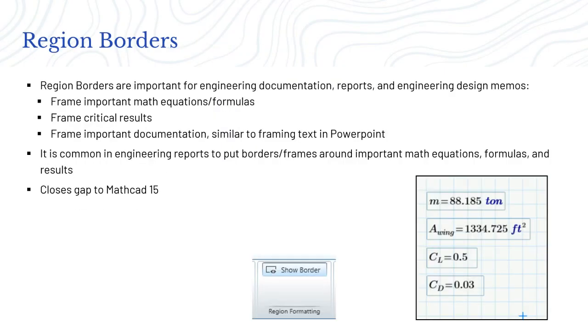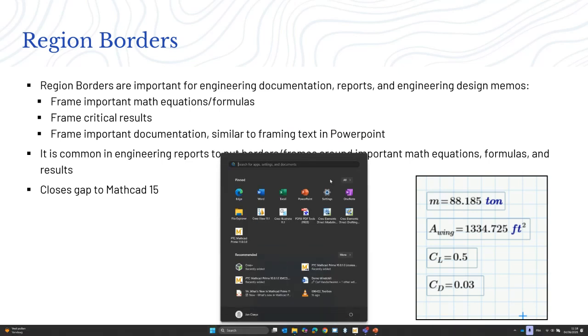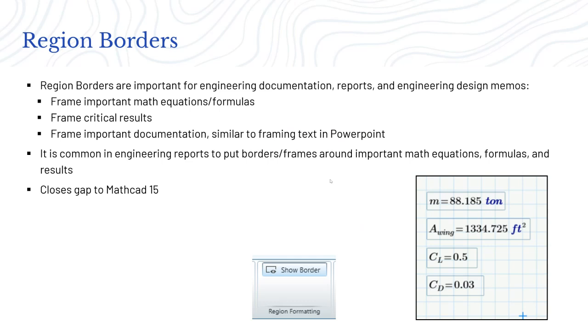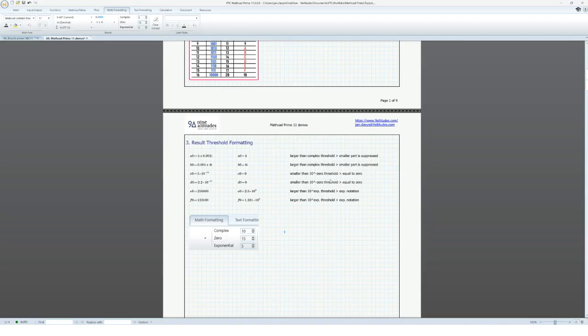Okay. Then a smaller introduction, it's the use of region borders. In engineering calculations, a lot of times we want to emphasize a certain result, a certain input, just like it would be the case in a mathematical textbook. As of now, that's quite easy in Mathcad.